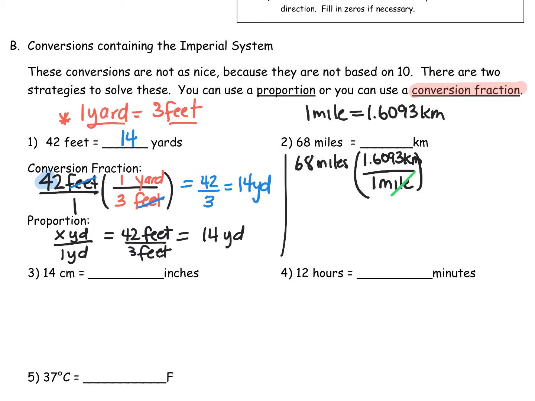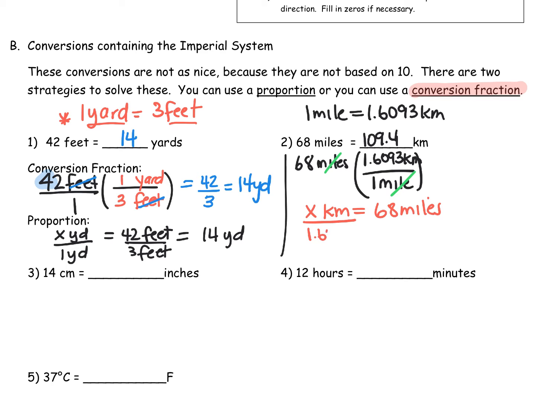Looking only at my units, the miles cancel away, I'm left with kilometers. So then I just take my calculator and go 68 times 1.6093, and I get 109.4 kilometers. Okay. Again, if you wanted to do it with a proportion, you can go x kilometers equals 68 miles.